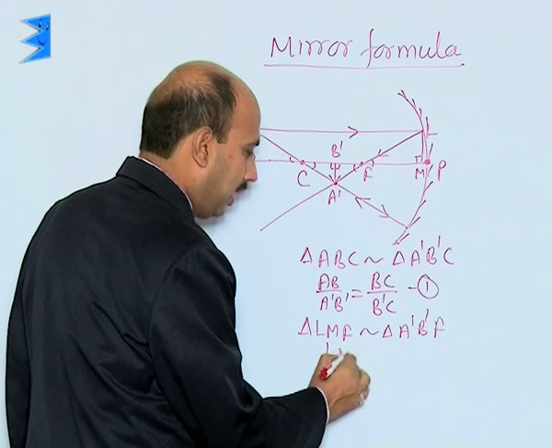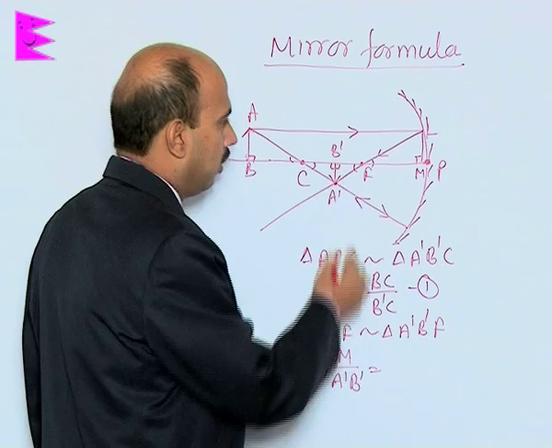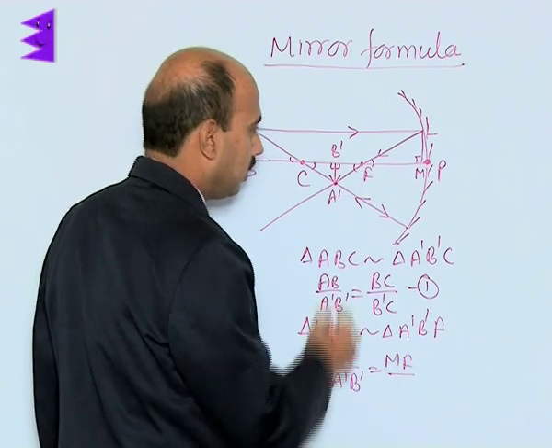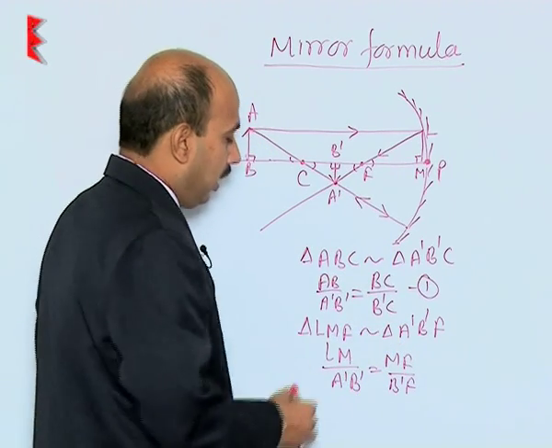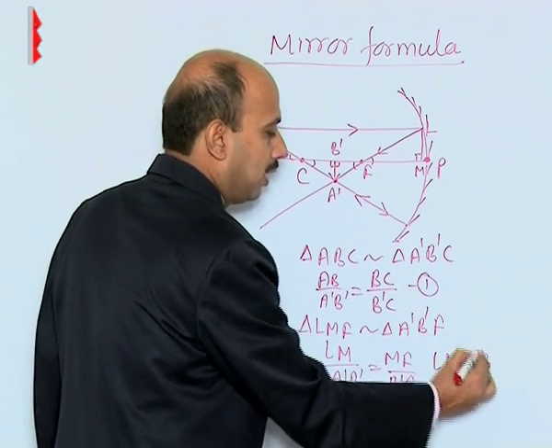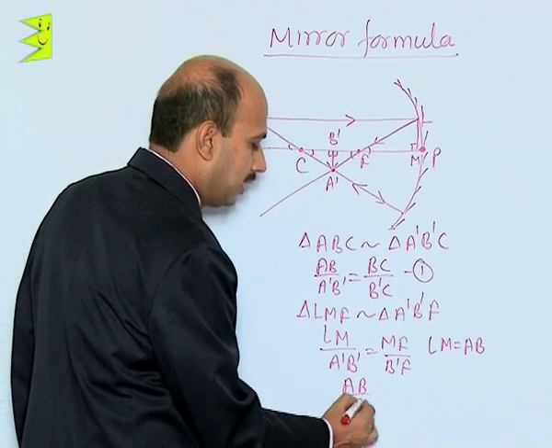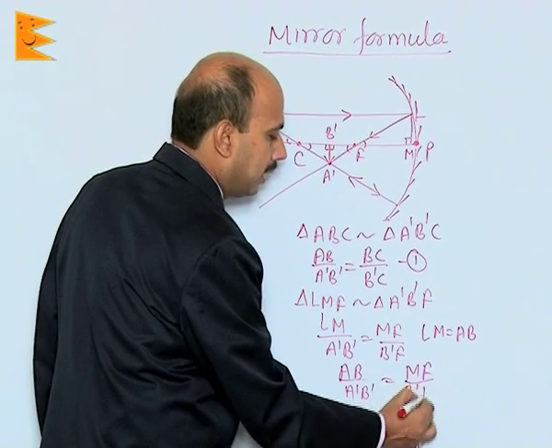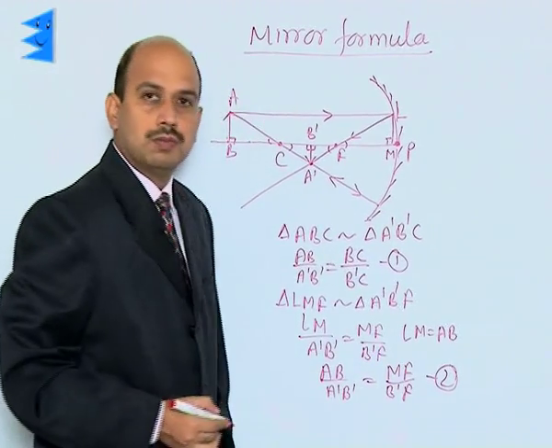So we can write LM upon A dash B dash is equal to MF upon B dash F. But we know LM is equal to AB because the distance between two parallel lines is equal. So we can write AB upon A dash B dash is equal to MF upon B dash F. This I have taken as equation 2.